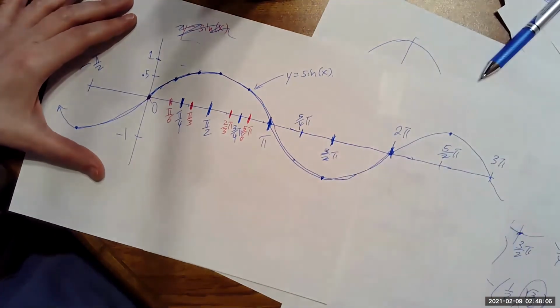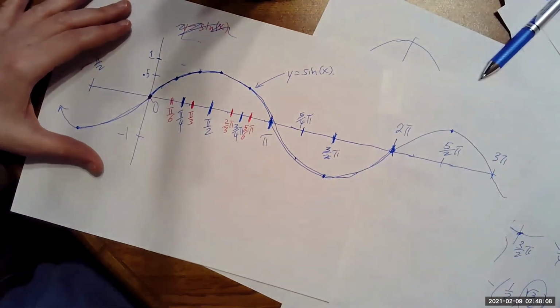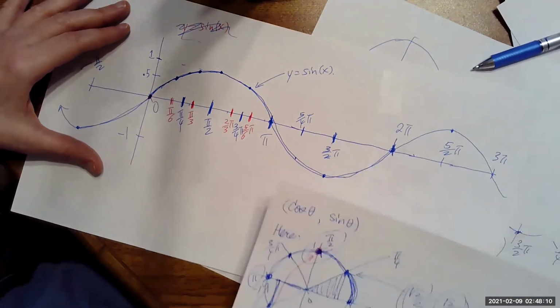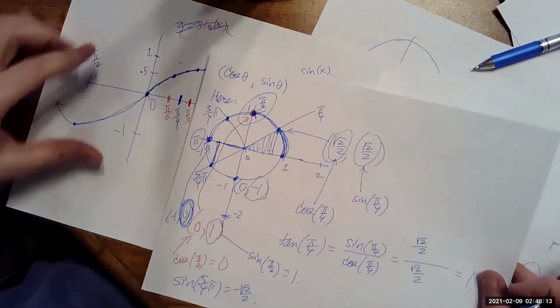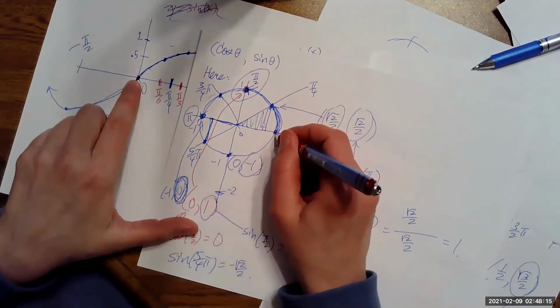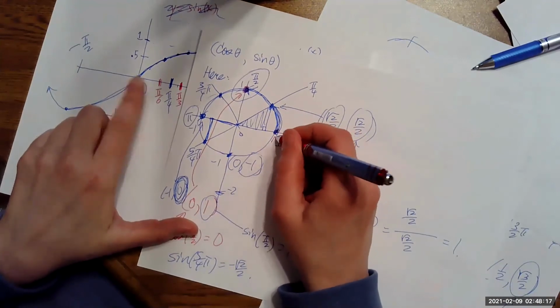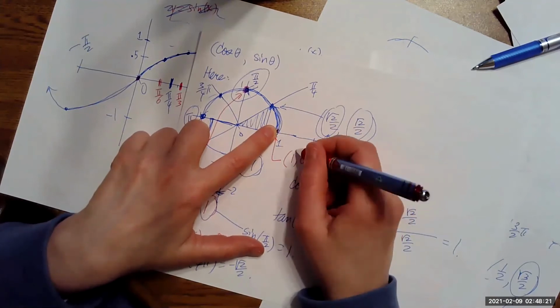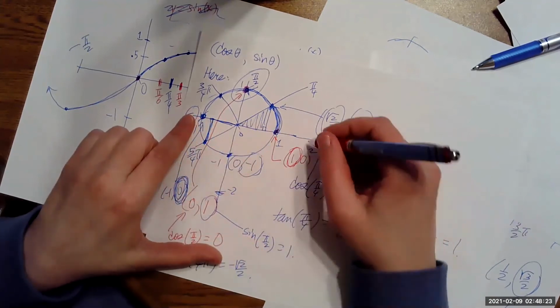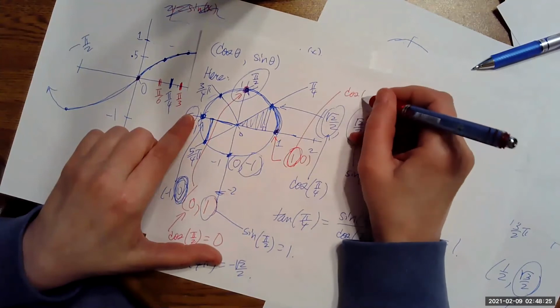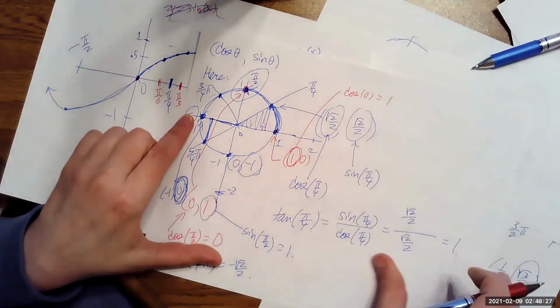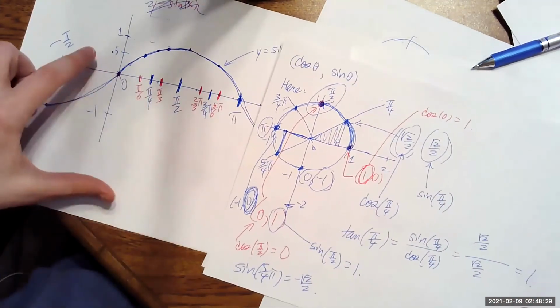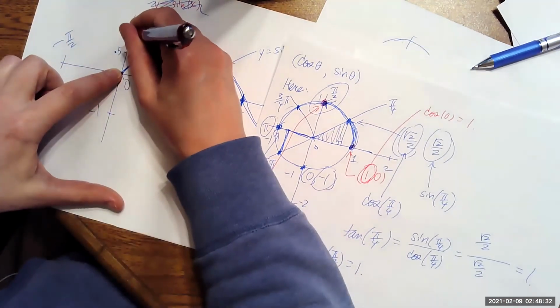So if we were to grab instead the first coordinates of those points, at 0, here's the angle 0. Our coordinates are over 1 and up and down 0. The cosine is the first coordinate. So the cosine of 0 is 1. So for the input of 0, our cosine height is 1.